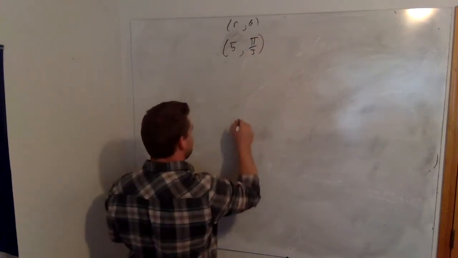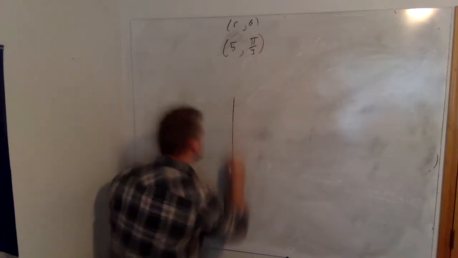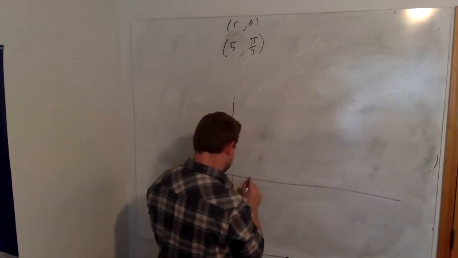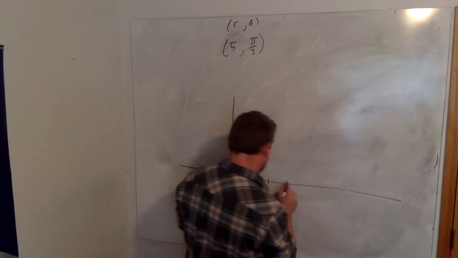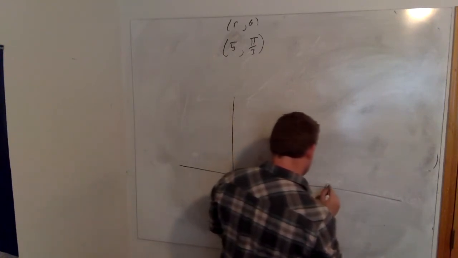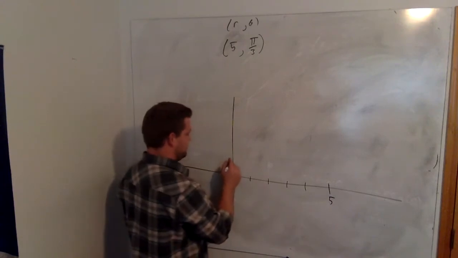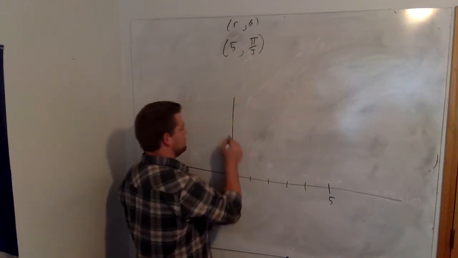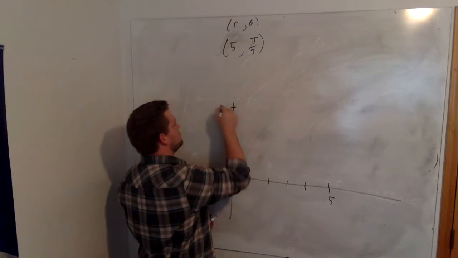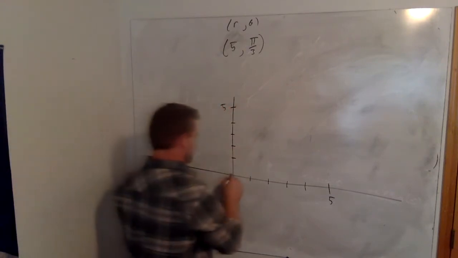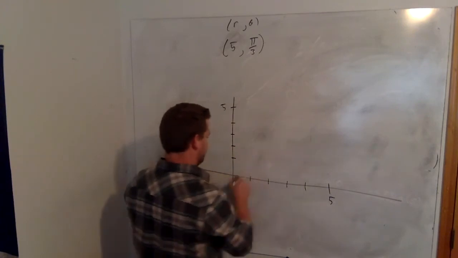Okay, let's go ahead and draw this. So here is 5. Okay, so we need an angle of pi over 3. Here's pi over 4.